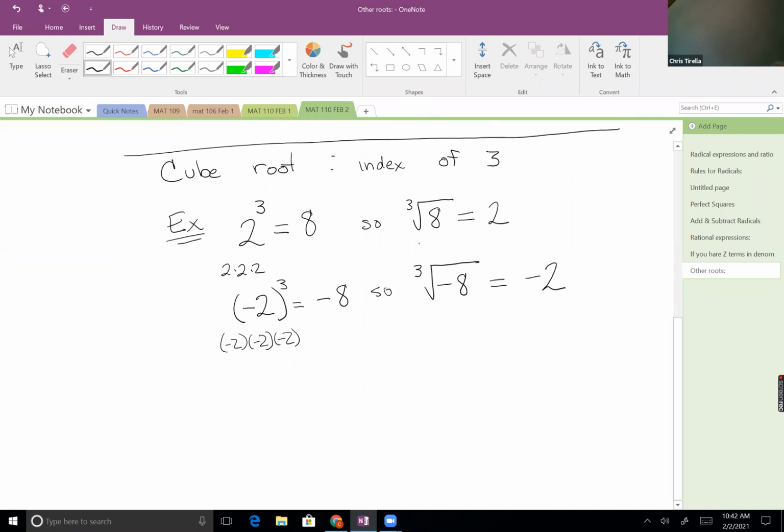And it will turn out that if the index is odd, you can have a negative radicand. So that's one way where some of these roots are quite different from our square roots.